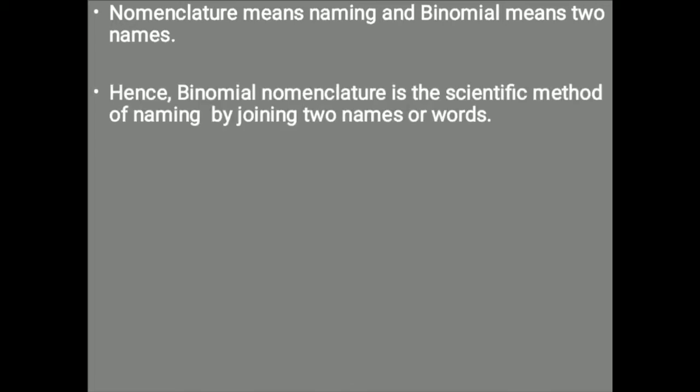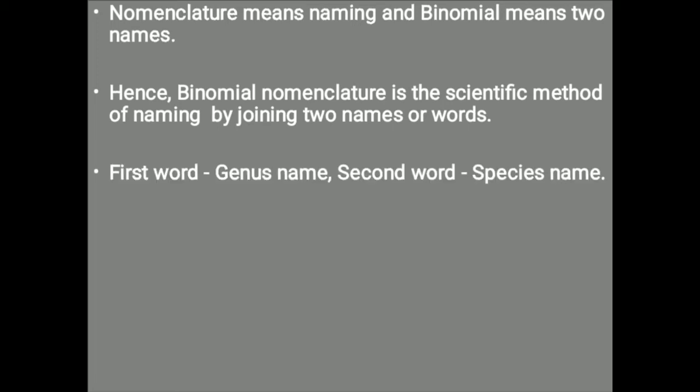Hence, binomial nomenclature is the scientific method of naming by joining two names or two words. Among the two words, the first word indicates the genus name and the second word indicates the species name.